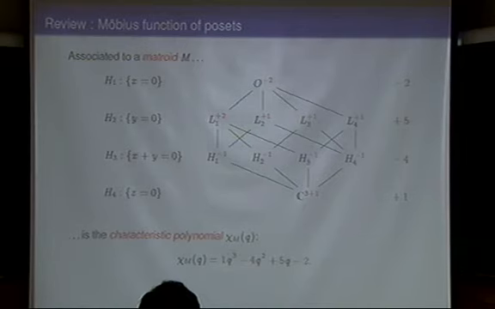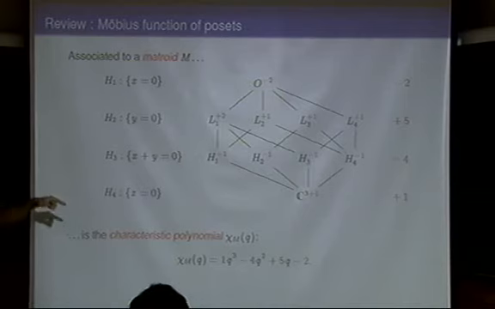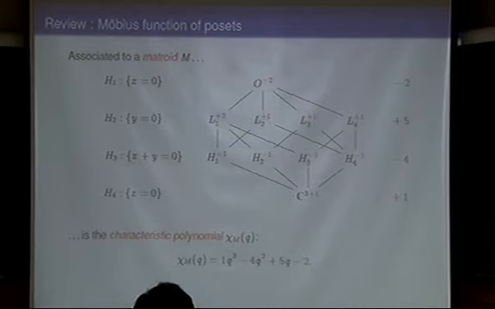For example, if you have 4 hyperplanes like this, then you look at all the flats formed by taking intersections of these hyperplanes. And the poset that appears there is a typical example of a Hasse diagram.